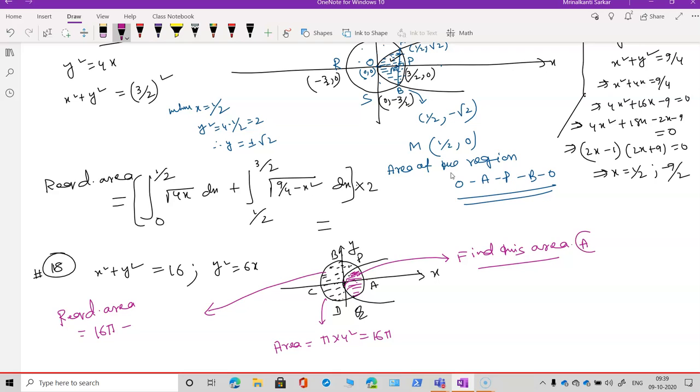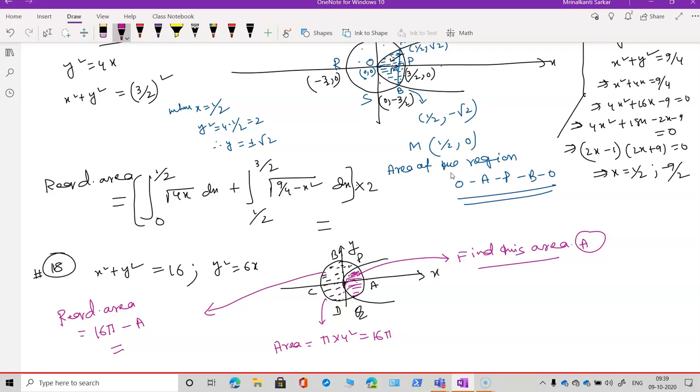Suppose you have got A. This minus A. So the required answer will be 16 pi, that is area of circle, minus area of parabola.